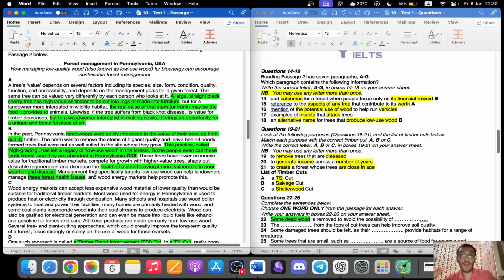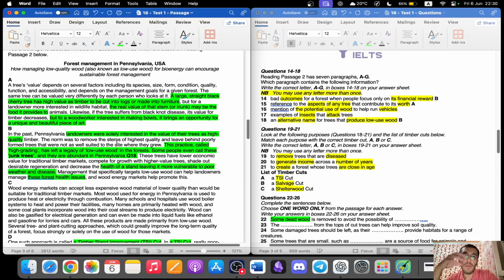That means a sick or low quality wood is more vulnerable to poor weather and disease, right? So management that specifically targets low use wood can help landowners manage these forest health issues, and wood energy markets help promote this.